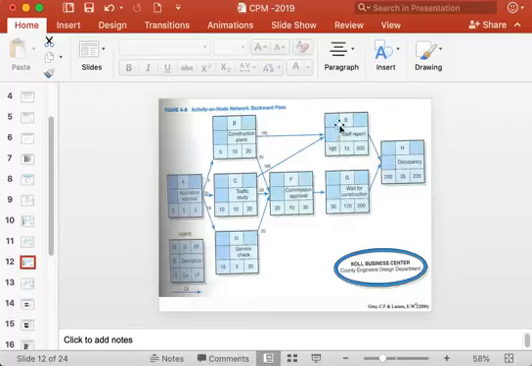Activities B and C are preceding activity E, and also B, C and D are preceding activity F. So when you calculate backward, you have to consider all the following activities. You can see B is followed by E and F. So when you calculate the latest finish time here, you have to consider both.